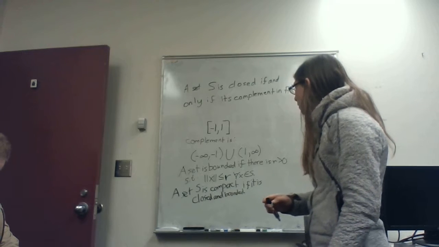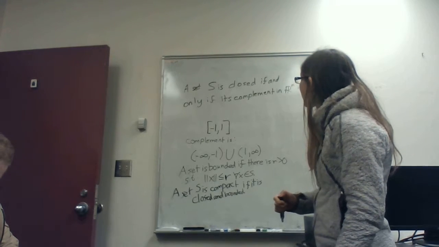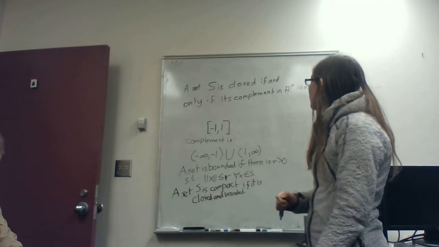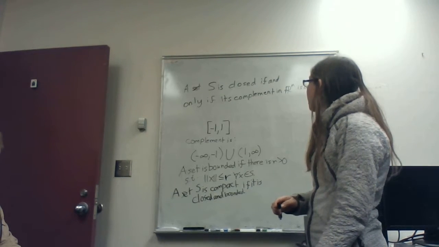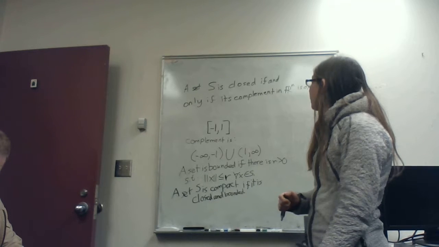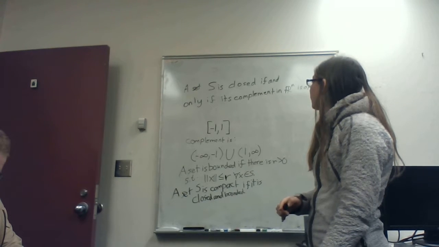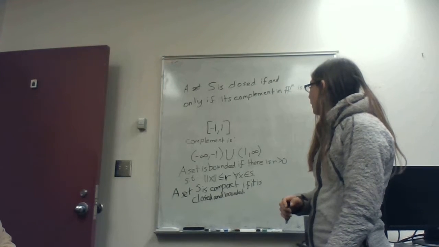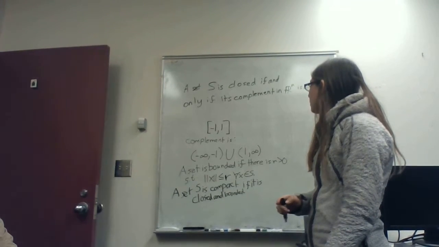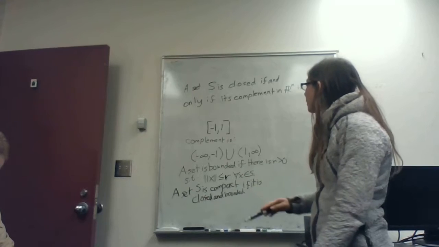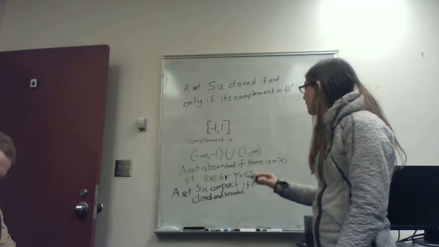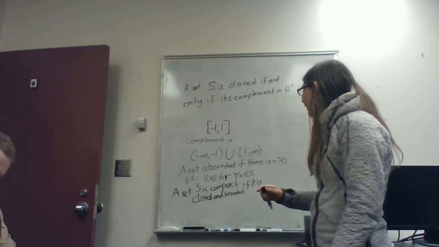A set would be closed based on its complement being open, right? And then it's bounded if there is an R such that that's true.